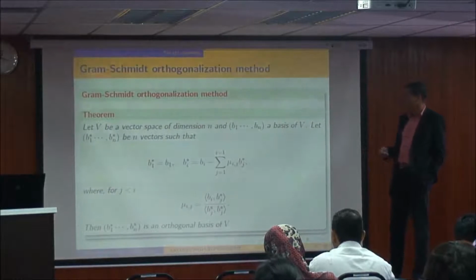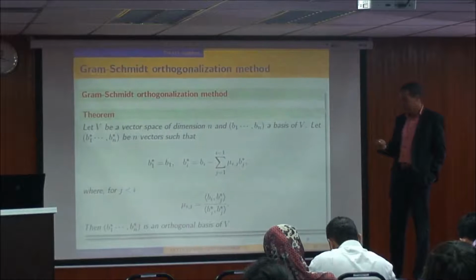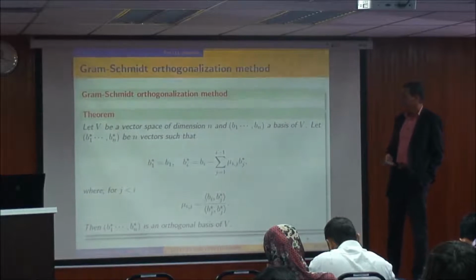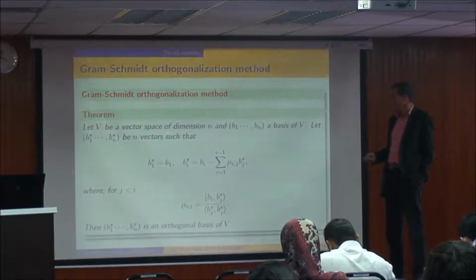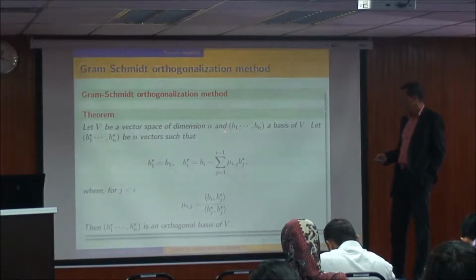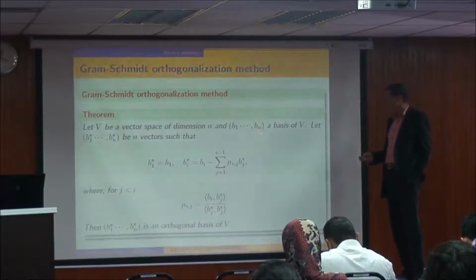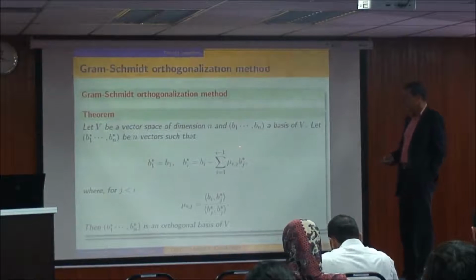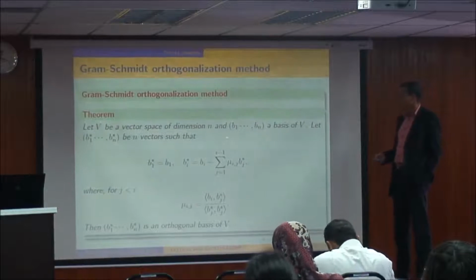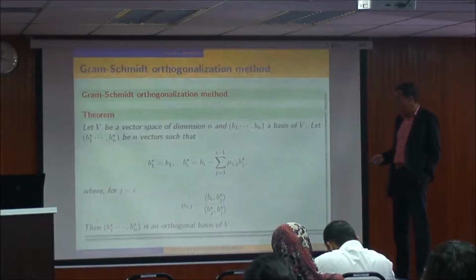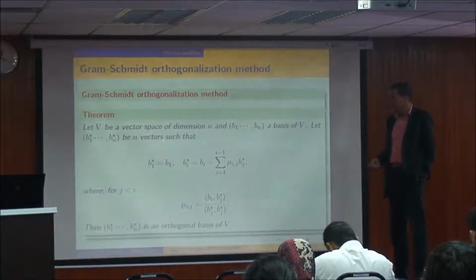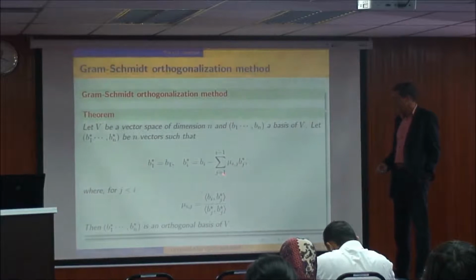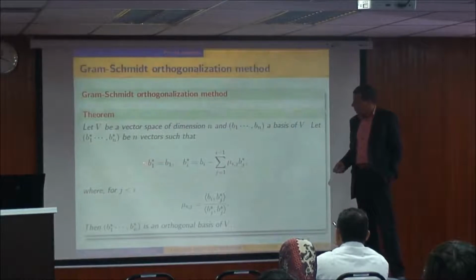Before I show you what the LLL algorithm is, we need this theorem about the Gram-Schmidt orthogonalization method. When you have a vector space V of dimension n, and B1 to Bn is a basis of V, you can find an orthogonal basis using B1 to Bn by computing B1 star to Bn star by these equations.